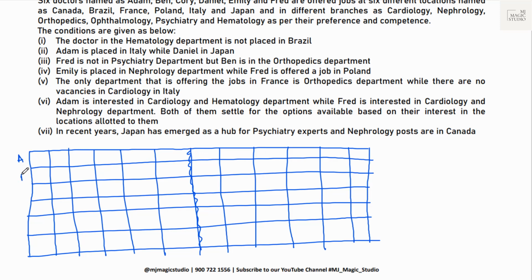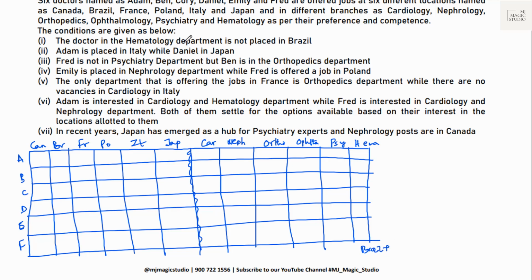We have A, B, C, D, E, F, and they are from Canada, Brazil, France, Poland, Italy, Japan. And the branches are cardio, nephro, ortho, ophtha, psyche, and hematology.